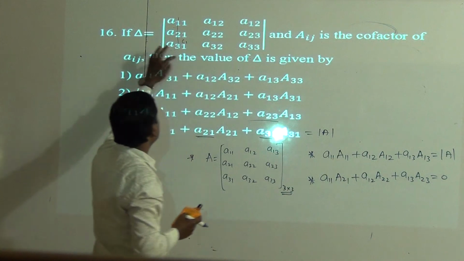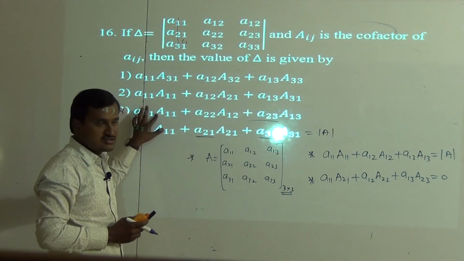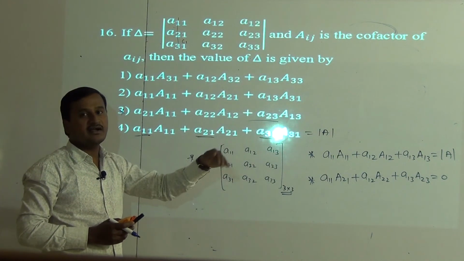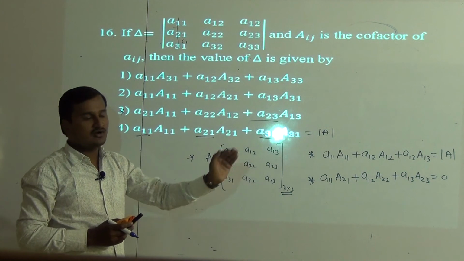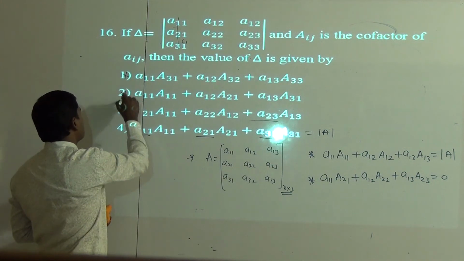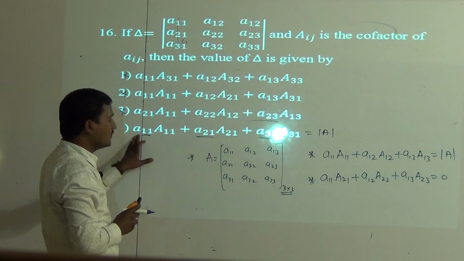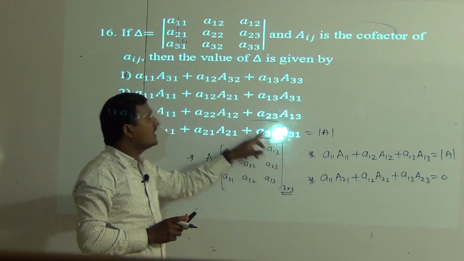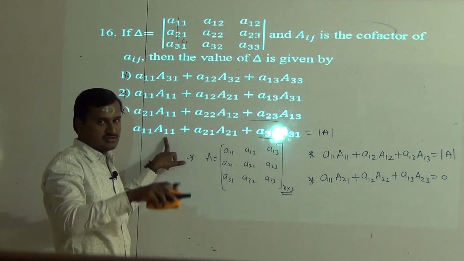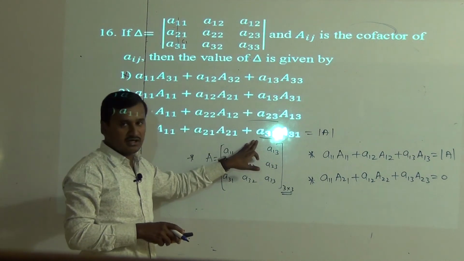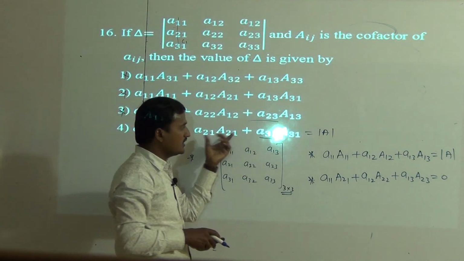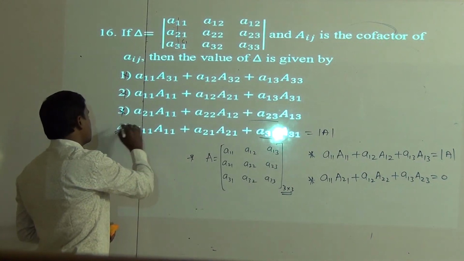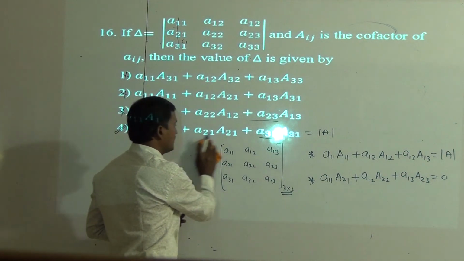But in the remaining three options, they have given the elements of a different row and the cofactors of a different row and column, hence these three options are not possible. In the fourth option, these are the elements of the first column and the cofactors of the first column, and their sum of products is always equal to the determinant of A. Therefore the fourth option is the right one. Okay, we'll go for the next question.